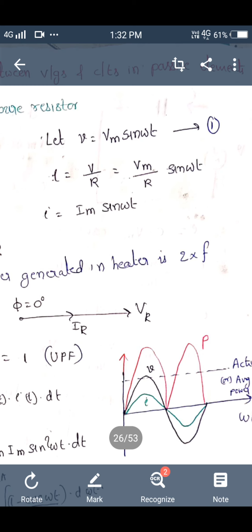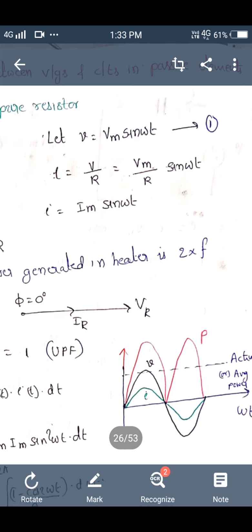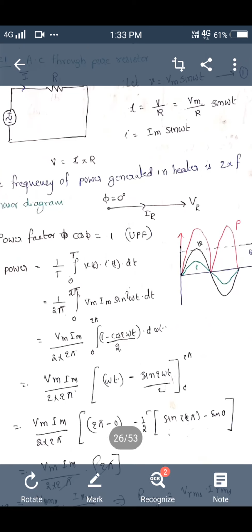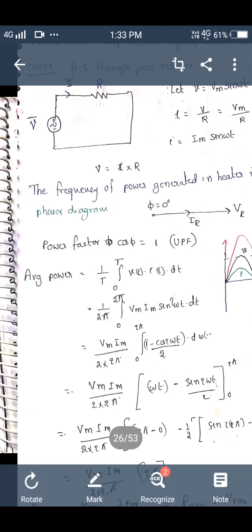So the instantaneous value of current i is equal to Im sin omega t. See equation 1, Vm sin omega t. The current you are getting is Im sin omega t, meaning they are flowing with the same speed and there is no phase difference. Then we can say these two are in phase with each other.